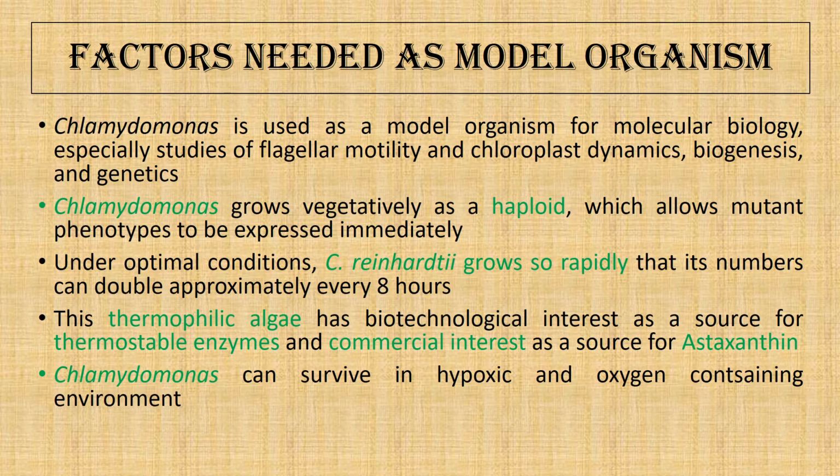Chlamydomonas is a haploid organism, so any mutation will be rapidly seen, because it is haploid and its life cycle is very short. If there is any mutation, it will be easily observed in the very next generation.